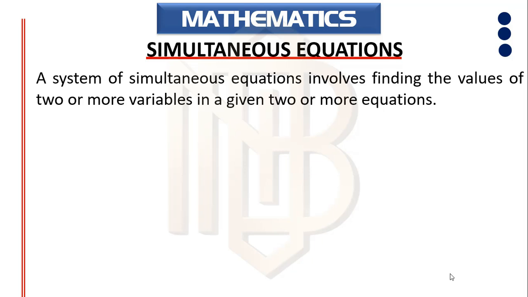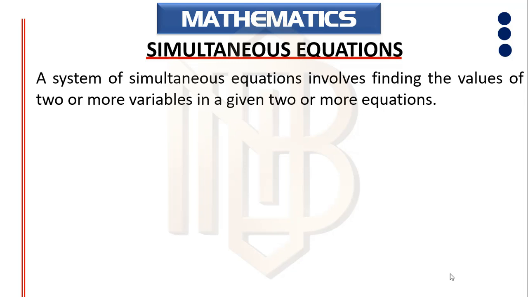By the word simultaneous, we mean that we are involving all the equations provided. As you're solving one equation, you're also solving another equation. That's why all of them are active through your solving.